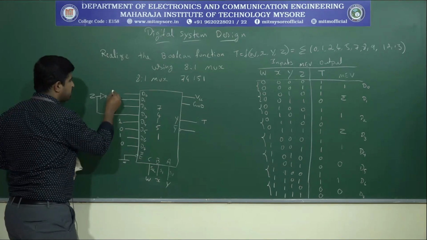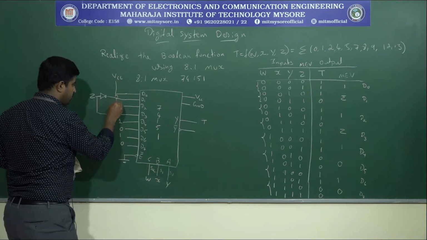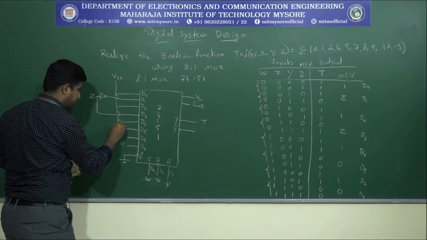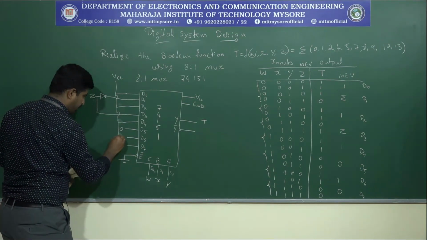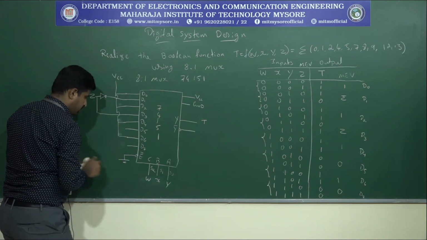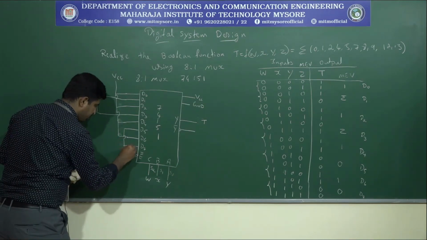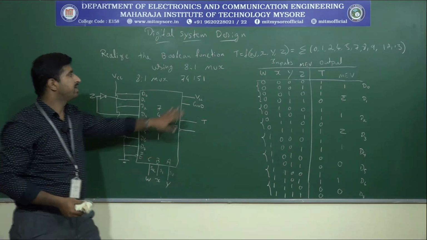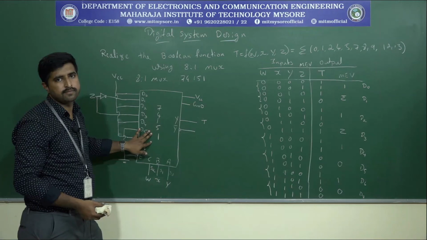So we connect a VCC, and for the 0 we connect to the ground. So this is how we implement a given Boolean function using the 8:1 mux.